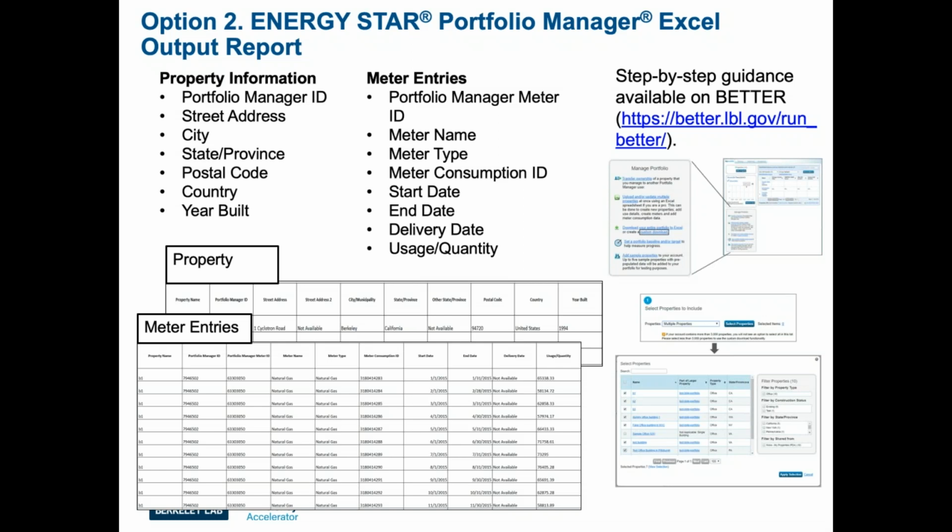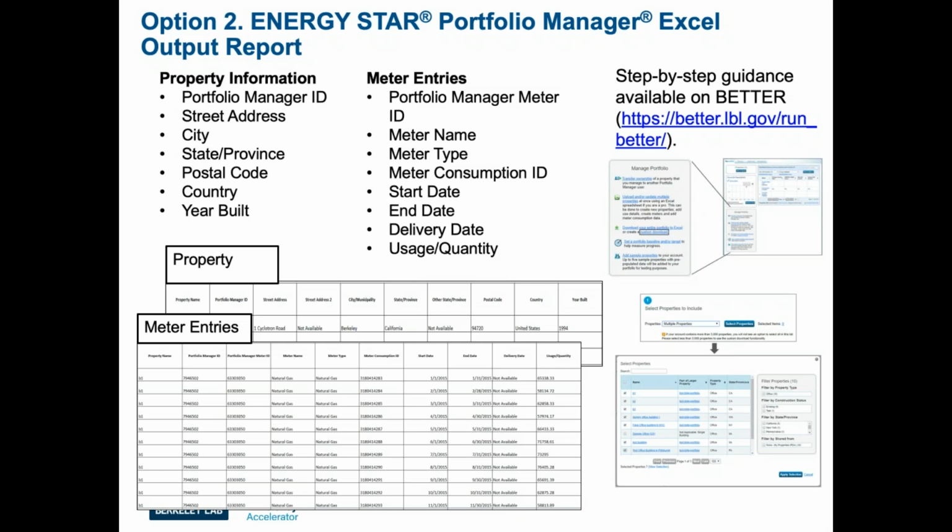But if a building or a portfolio of buildings is part of the Portfolio Manager software platform, there's a feature that we've developed for Better that allows a user of Portfolio Manager to develop an Excel-based output report, which includes the information shown here on the slide, so some basic property information and meter entries, and to auto-generate that Excel report in Portfolio Manager and then upload it to Better.